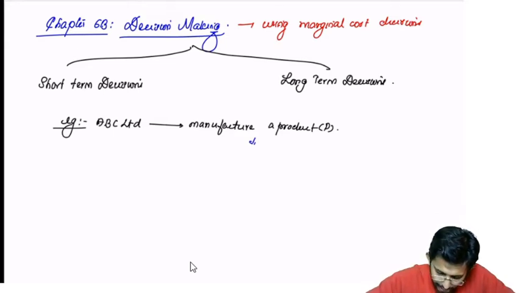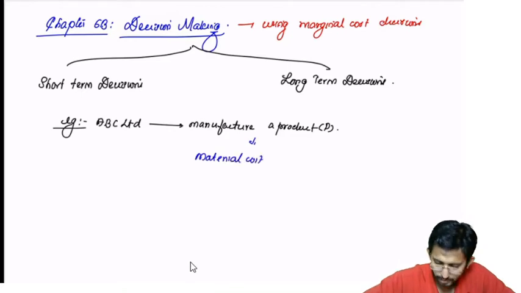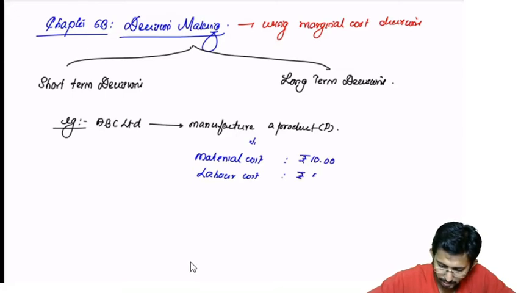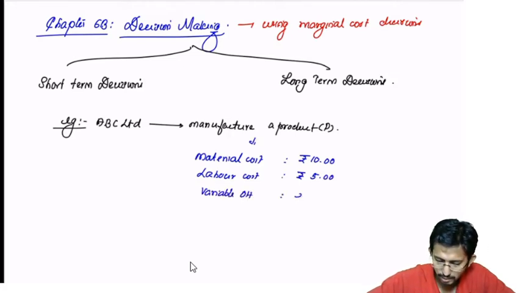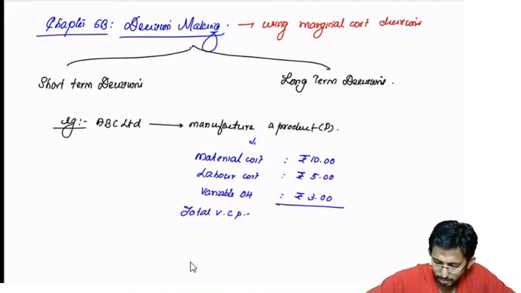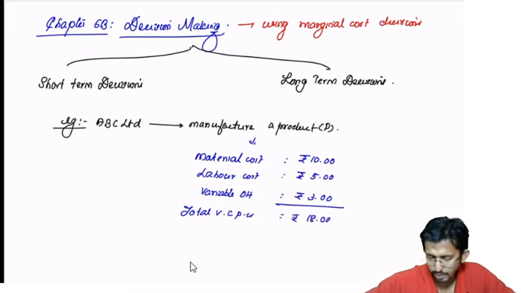The material cost will be, let us say, rupees 10 per unit, then labor cost, let us say it is 5 per unit, then variable overhead rupees 3 per unit. So total variable cost per unit is working out to 18 per unit.